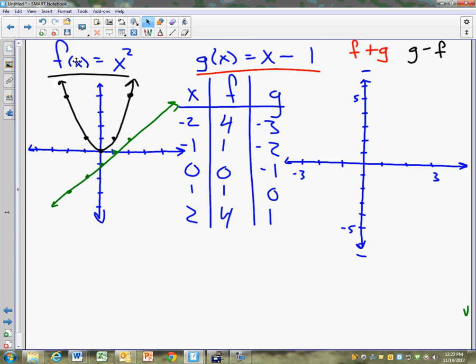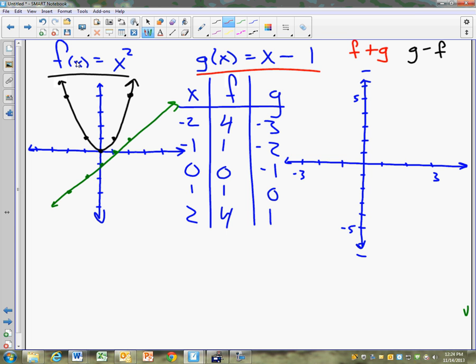F plus g is going to be x squared plus x minus 1. Everybody agree? That's a parabola, and we all learned how to graph parabolas. But as opposed to using what we know about parabolas, I'm going to use what we know about these two functions to sketch the addition of these two functions.